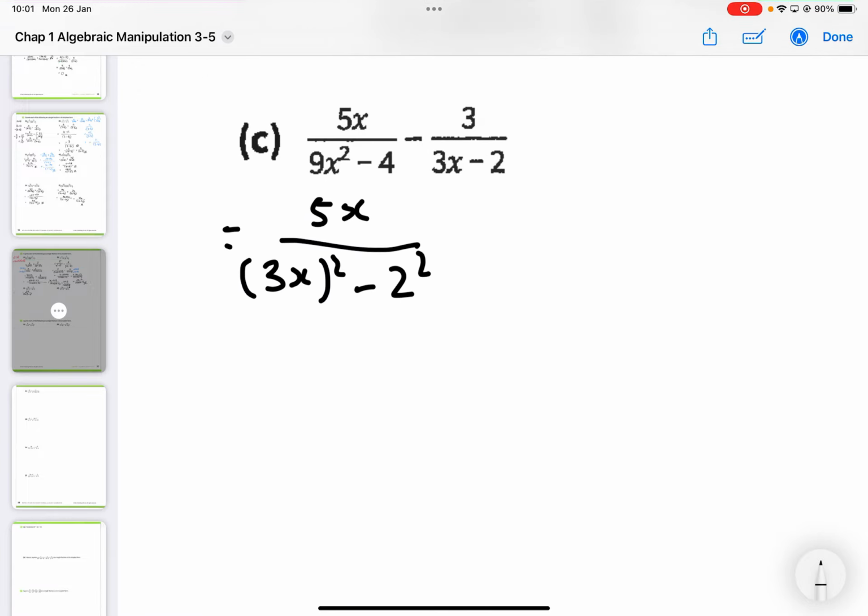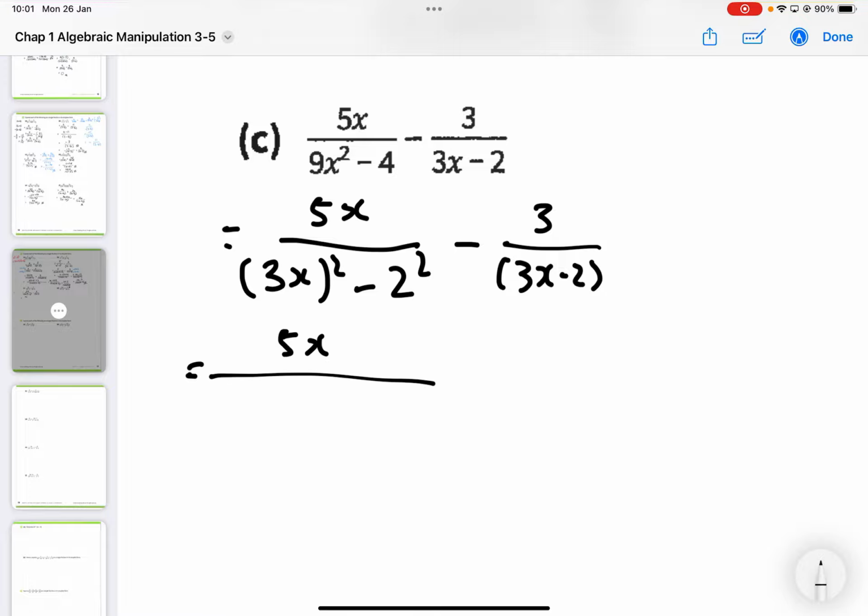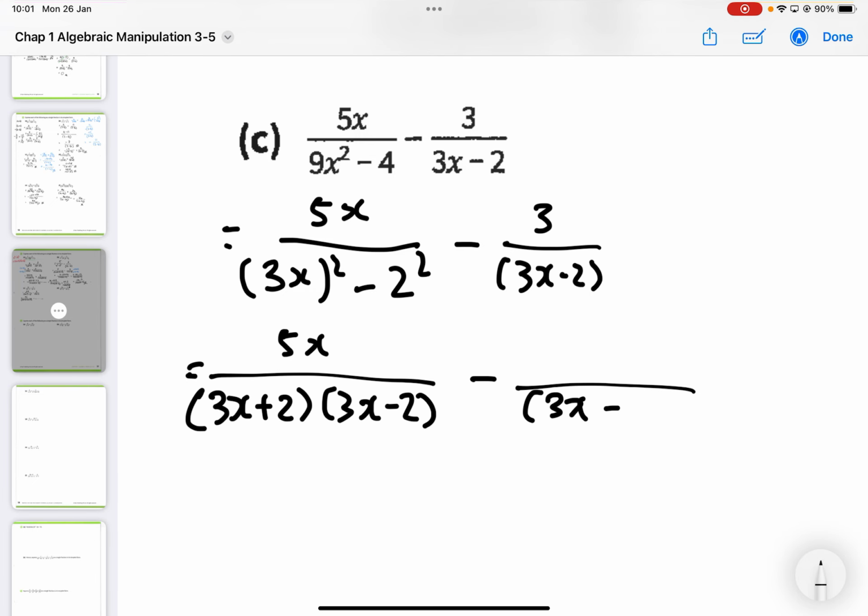Okay. Next question also same. The front square minus the back square, so I can factorize it into a bracket: front plus back, front minus back. Then to make common denominator, I multiply.